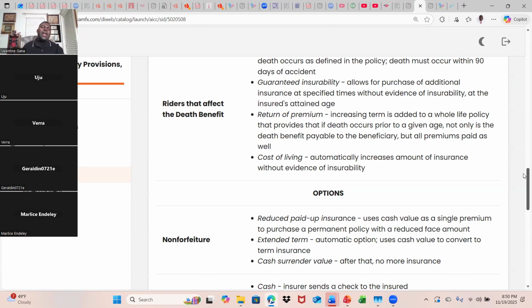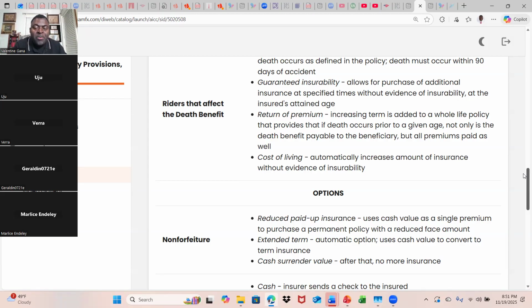So a return of premium rider just says you'll have a term policy, but when your term expires, if you haven't died, they're going to return your total premiums to you. Of course, they're going to charge you higher premiums for that policy. It's not just going to be a normal term anymore. Return of premium rider. Remember this, you're going to see it in the exam, 100%. You're going to see it in the exam. Another word for a return of premium rider is an increasing term.